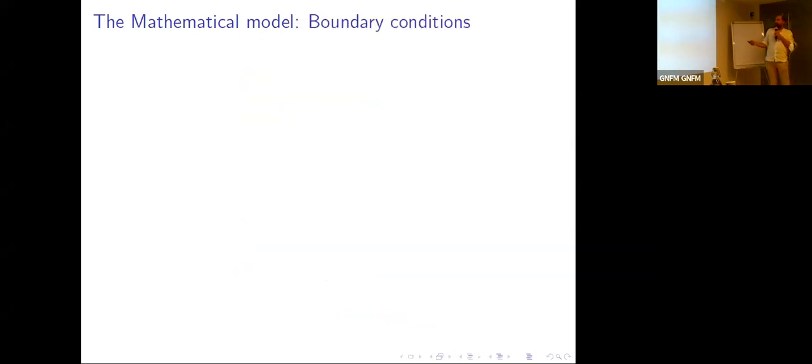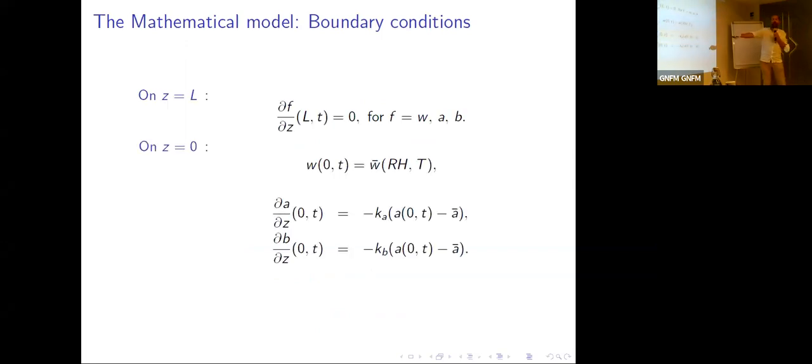Now, the boundary conditions. If we assume that Z equals 0 is the surface exposed to the environment, then on the other boundary there is no flux. We impose additional conditions on water content as a function of the relative humidity and the temperature of the ambient.